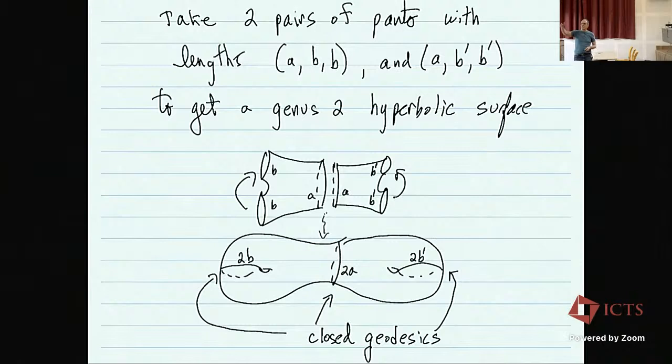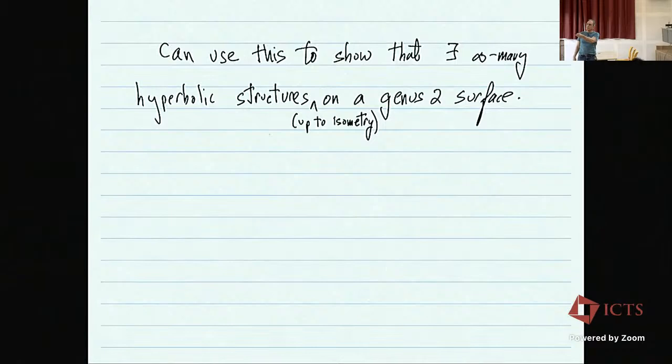But you could still use this to prove there's infinitely many up to isometry, for instance with a Collar lemma argument. By letting A get very small, it's not going to be isometrically equivalent to anything else on the surface. So anyway, this statement is, there's infinitely many hyperbolic structures on the genus 2 surface.